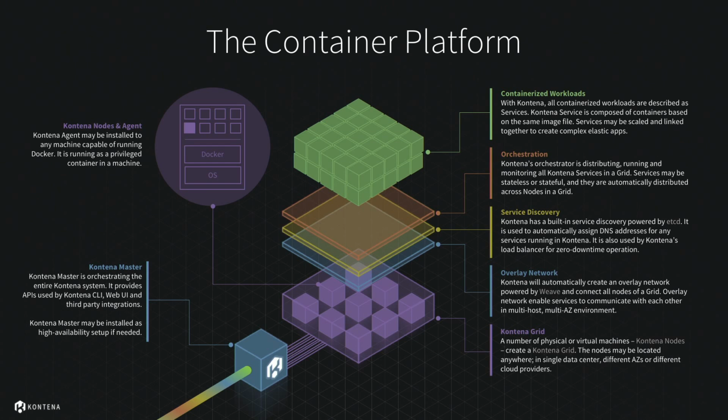The cool thing with Kontena Grid is that all the grid nodes are automatically connected to each other with an overlay network. So it doesn't matter where you run your grid hosts, and all the containers that are launched within the grid can talk to each other as in a local network.